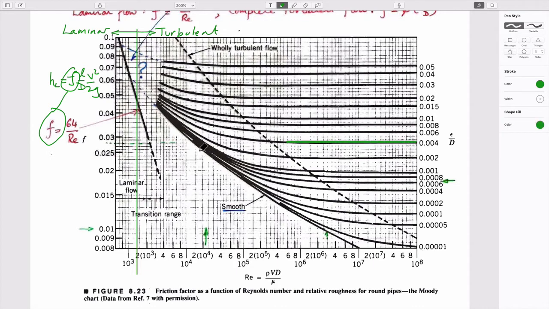You get the same value of friction factor irrespective of the Reynolds number as you move above some threshold. And so the fact that they're horizontal means that they're independent of Reynolds number, but they are strongly a function of roughness. So really rough pipes and really smooth pipes have different magnitudes of these friction factors, and it changes the way in which we solve the system of equations.